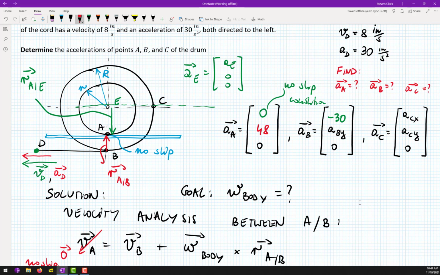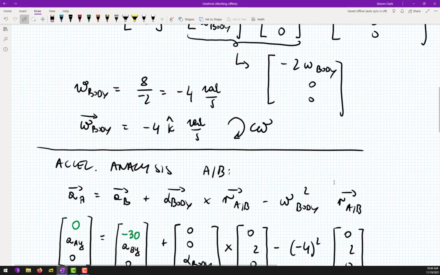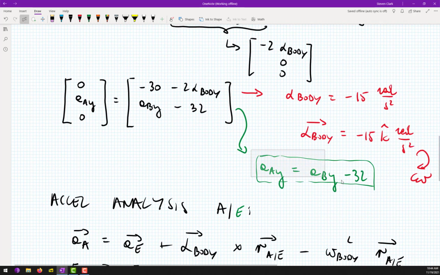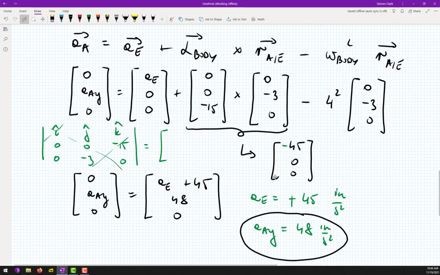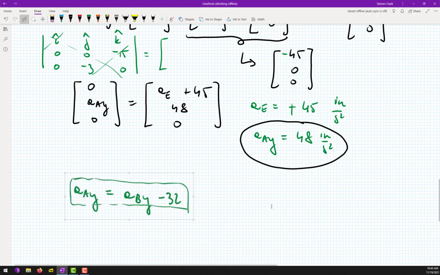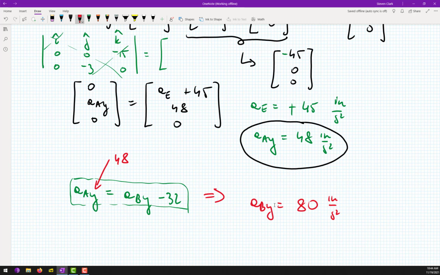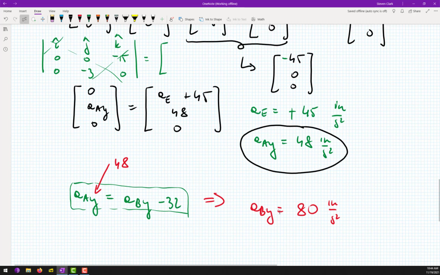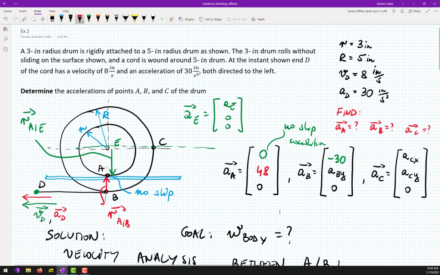And now we also have a_By, because there was a connection between a_Ay and a_By. So now if we plug 48 in here, we'll end up with a_By equal to 80 inches per second squared. So we can put 80 here.